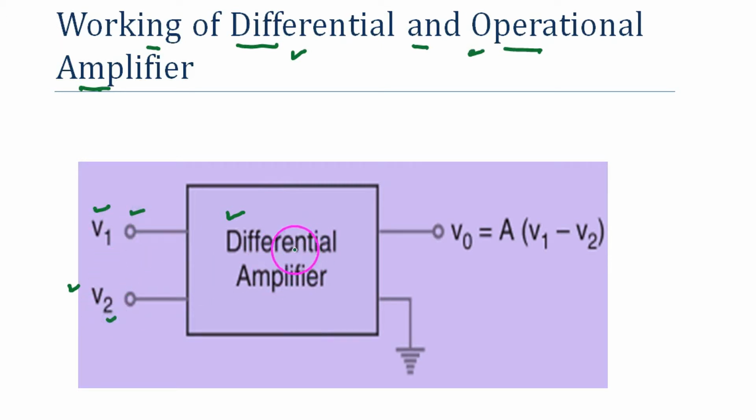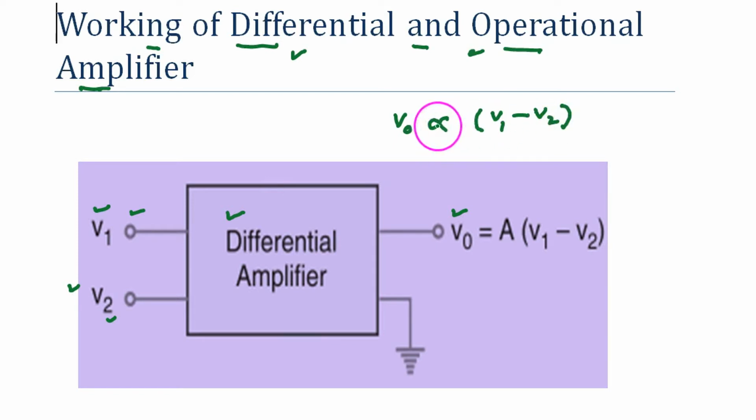The differential amplifier will give us an output V0. V0 is proportional to the difference between the two inputs, meaning V0 is proportional to V1 minus V2.